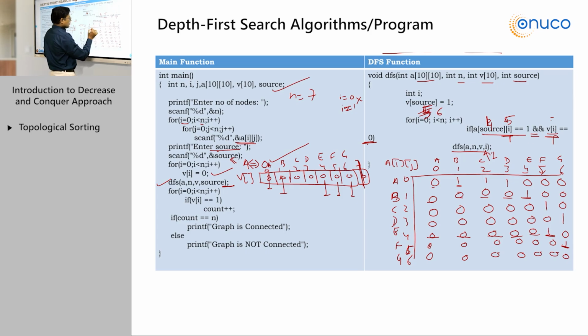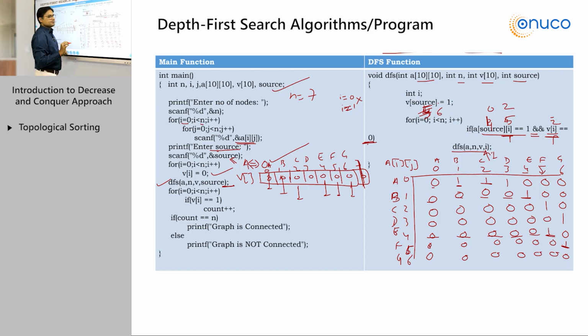What is that? This is already addressed, A to C. A to C means we are talking about 0 to 2. And whether 2 is visited earlier: visited of 2 is 0. Yes. It means this you are going to make it 1 in the next iteration.